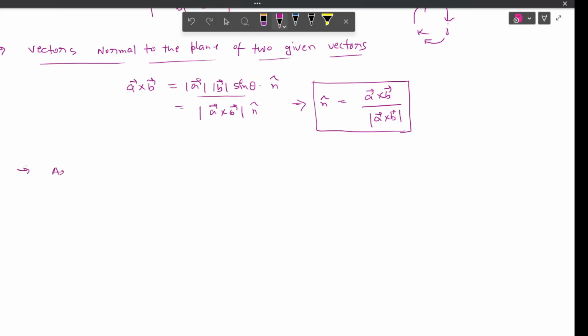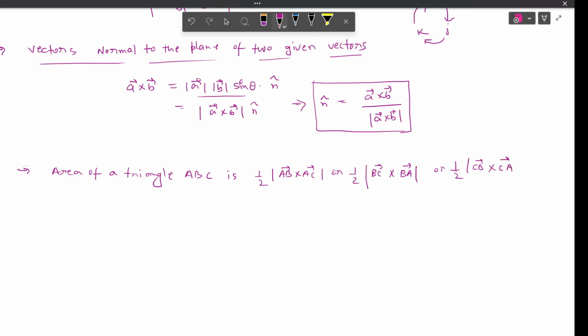If you have a triangle ABC, you can take it in any order, that is half of mod of AB cross AC, or half of mod of BC cross BA, or half of mod of CB cross CA.